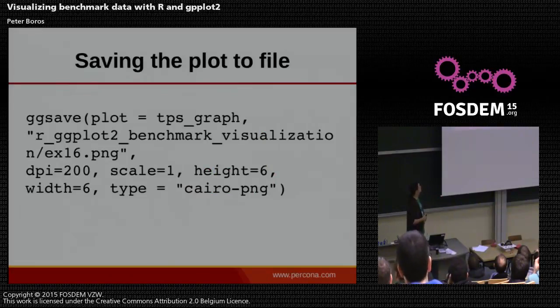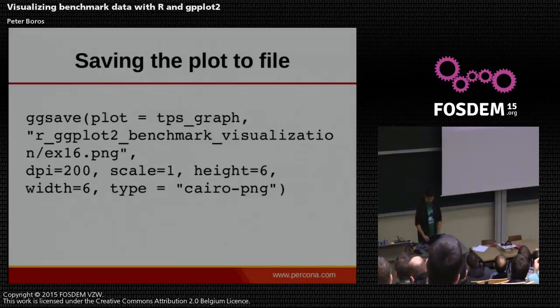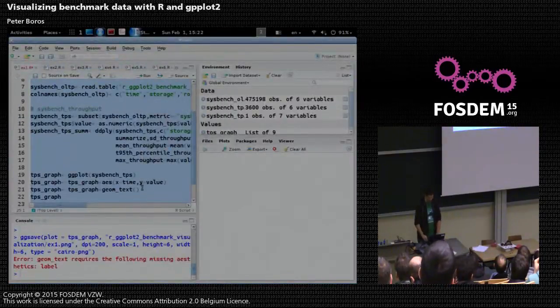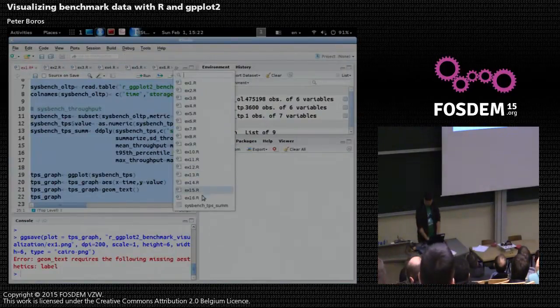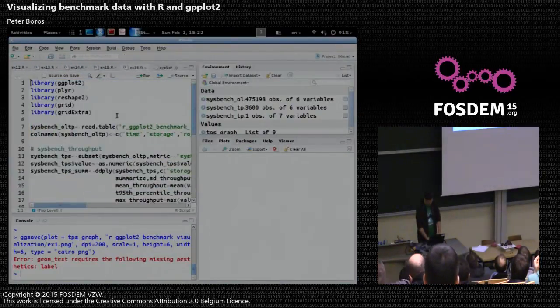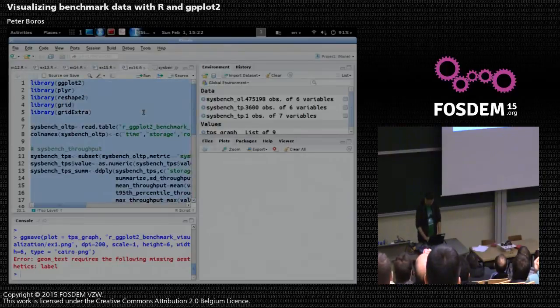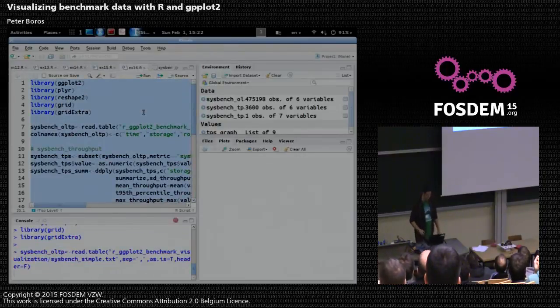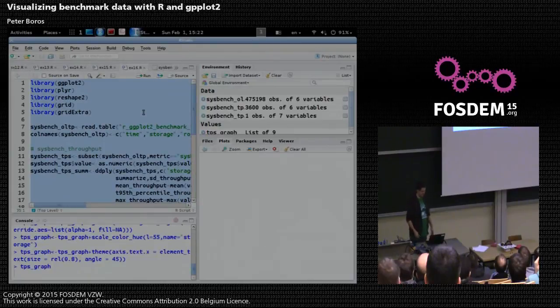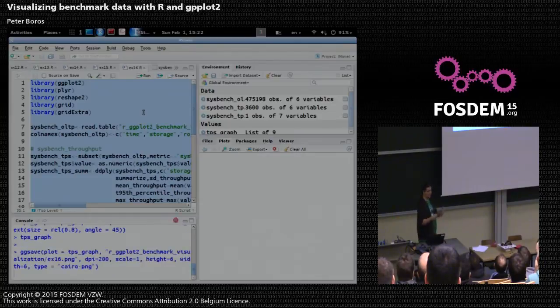In order to save the plot, you need to use the ggsave function. By default, while you are working with RStudio, it shows the output. So let's go to the last example. And this graph will actually take some time to generate. See, it started to generate it because there are so many dots.